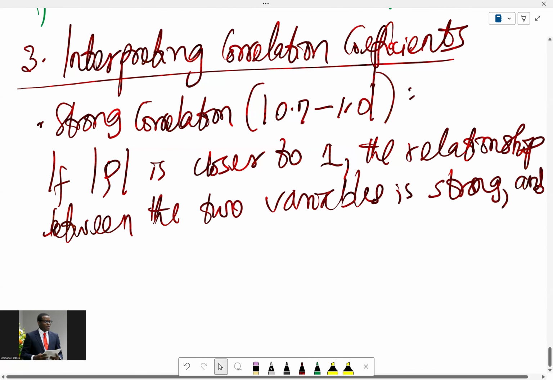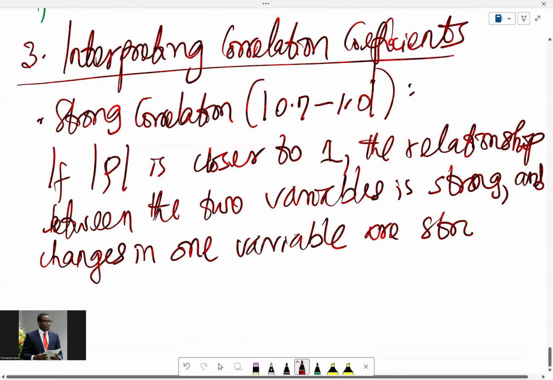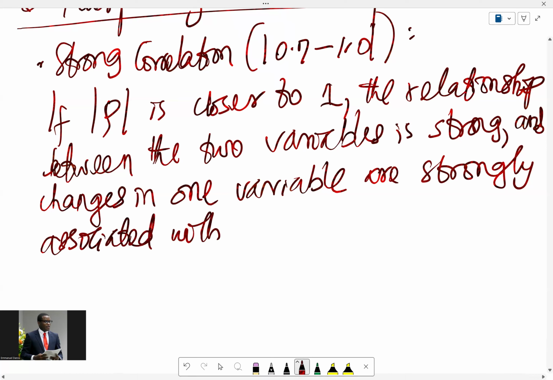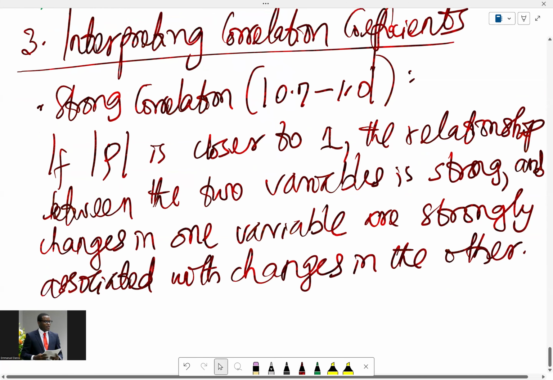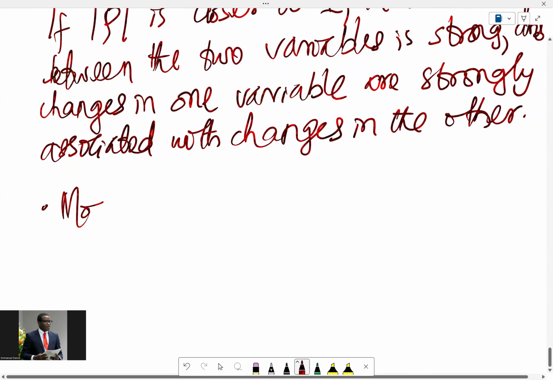and changes in one variable are strongly associated with changes in the other. Then we can have moderate correlation.